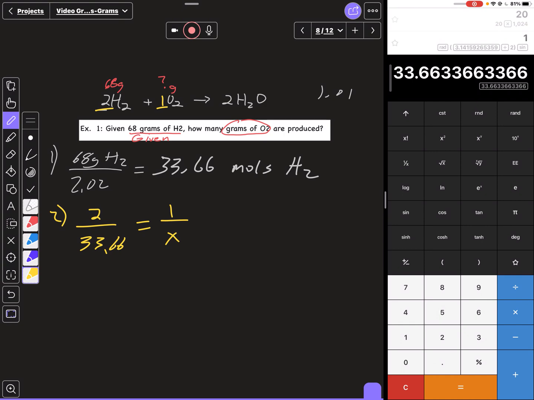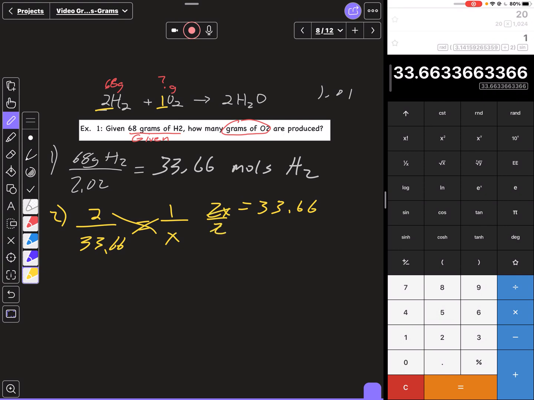So I know when I have 2 moles of H2, I get 1 mole of O2. That's why I have the 2 and 1 on top. But I don't have 2 moles, I've got 33.66. And how many moles of O2 can be produced from that? So I'm going to cross multiply. That's going to give me 2x equals 33.66.